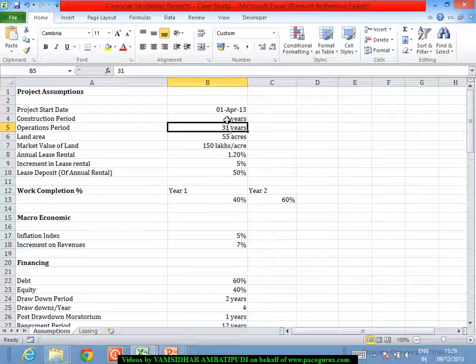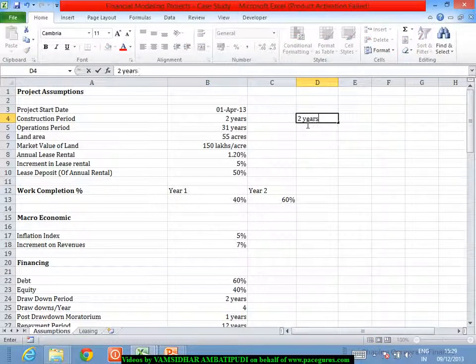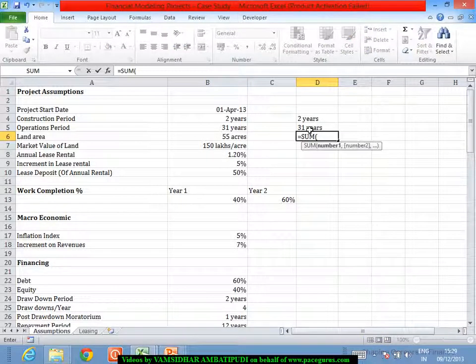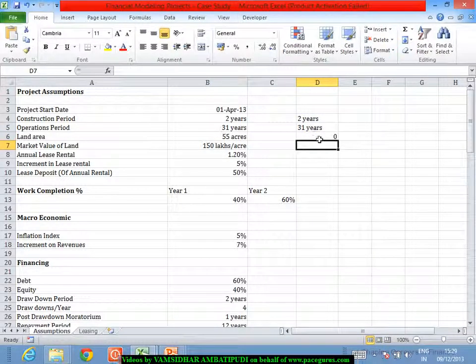And one more thing here. I am not writing 2 years here. Probably if I had written 2 years and 31 years, if I had done the summation of these two, this is actually resulting in an error or 0 for me.